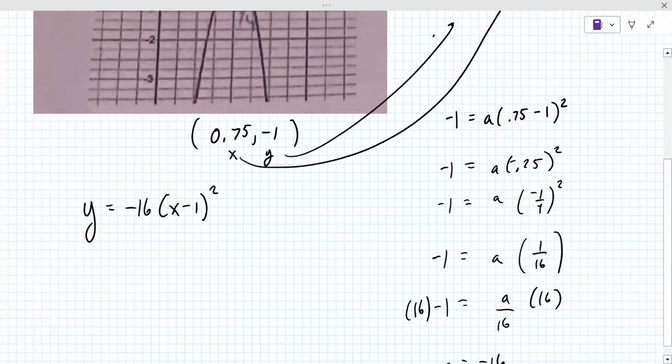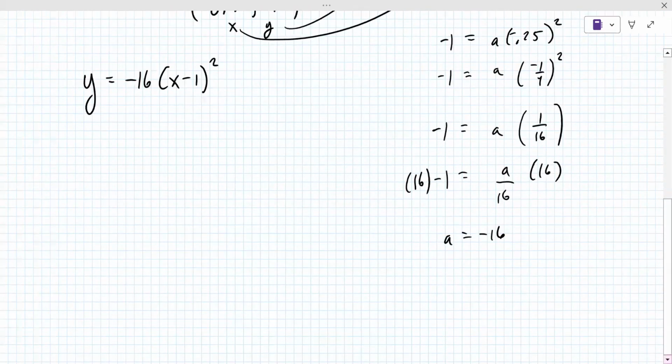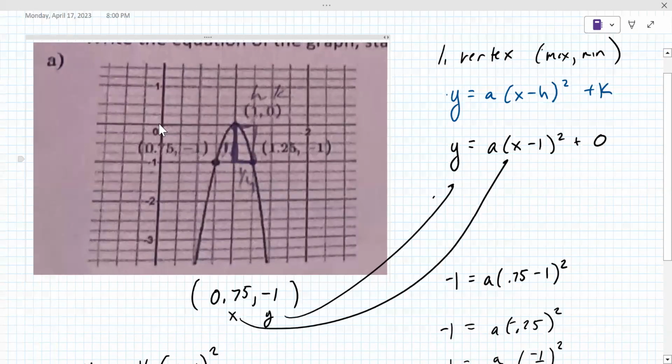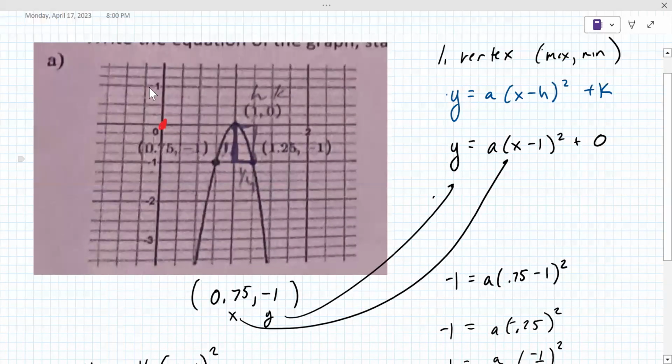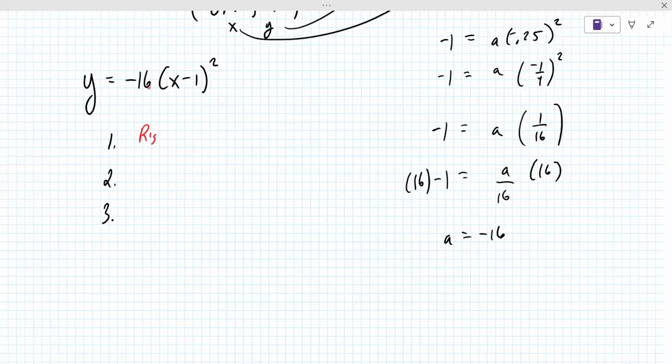So there are three transformations here. The first one is this x - 1. Do you remember whether that moves it right or left? If you're not sure, go back and look at the graph here. It'll move it right one. Now the next one, and the order doesn't matter, it's either the negative or the 16. Do you remember that from previous class?